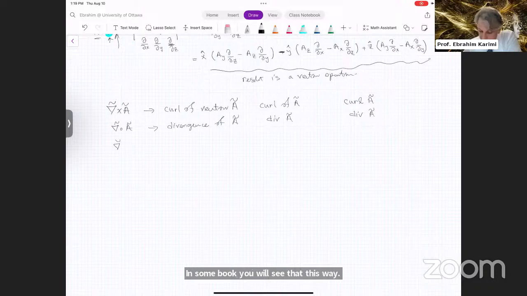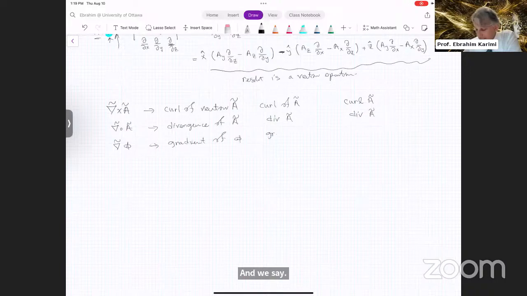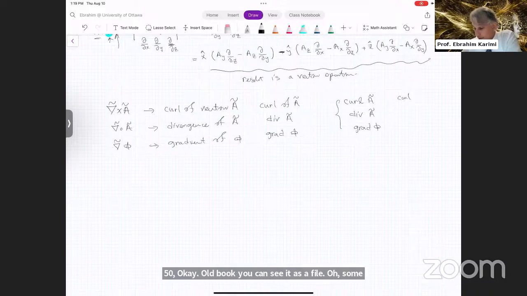Or we have the gradient of phi, and we say gradient of phi, or grad of phi.